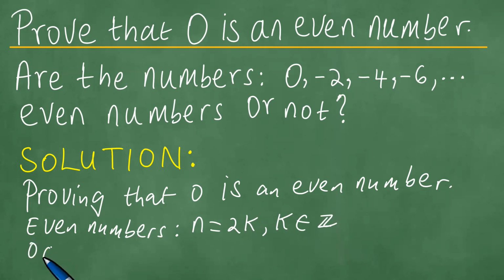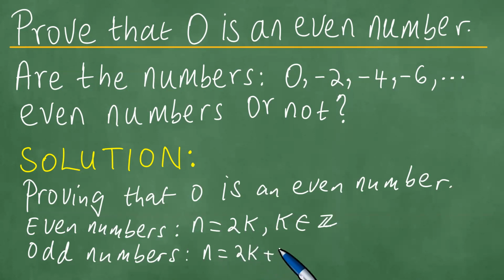But also you have odd numbers. The odd numbers are of the form n equals 2k plus 1, where k is an element of the set of integers.